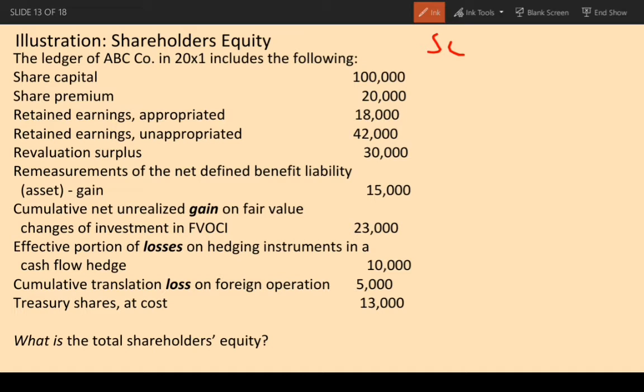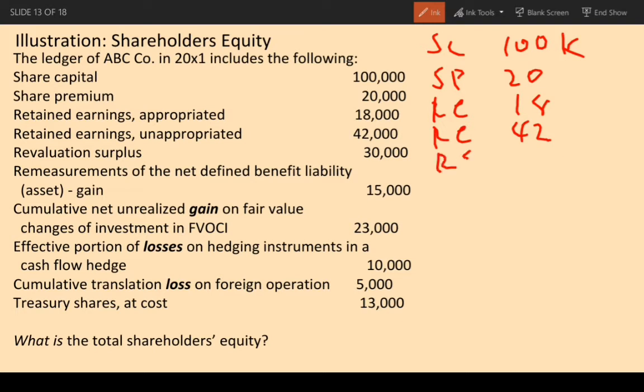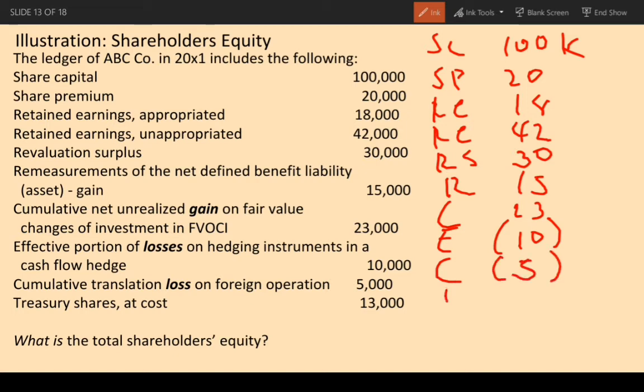So, share capital 100,000, share premium 20,000, retained earnings appropriated 18,000, retained earnings unappropriated 42,000, revaluation surplus 30,000, remeasurement 15,000, cumulative gain 23,000, effective portion of losses less 10,000, cumulative translation loss less 5,000, treasury shares less 13,000.